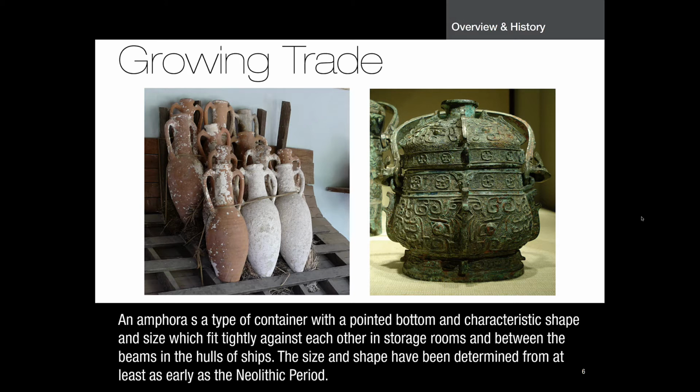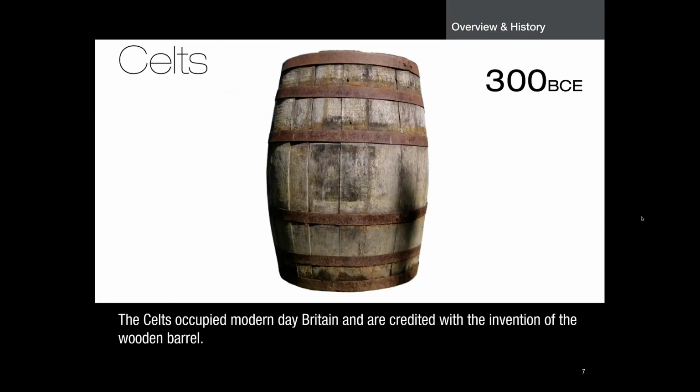They're actually designed to fit within the beams in the hull of a ship. As Mediterranean trade really took off between the countries around the Mediterranean Sea, this was a way to store them and keep them stable as they crossed the oceans there. And if you did want to stand them up, the bullet point made it easier to drive it into sand or dirt, so it would still be able to work on land as well.